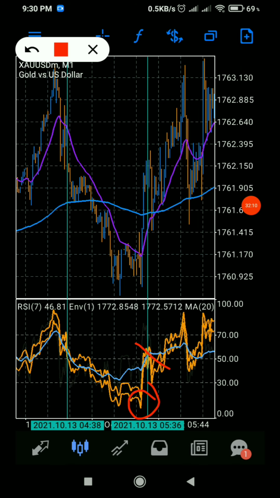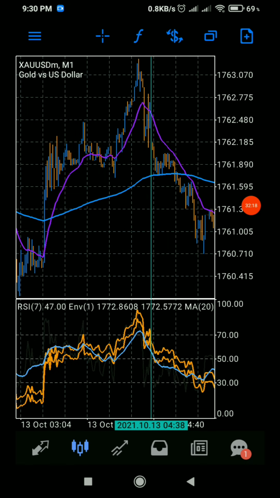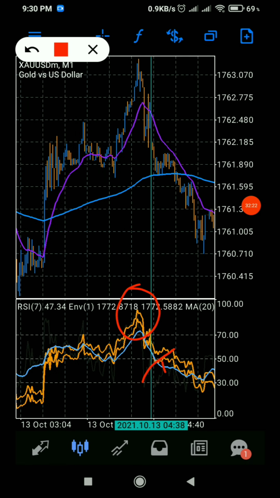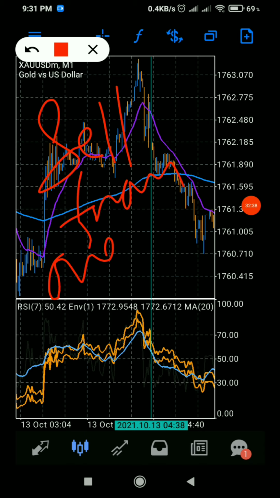And another signal, a buy signal here. Here a golden sharp edge is forming above the 70 level, so you can take sell after confirming the blue lines crossing 50.